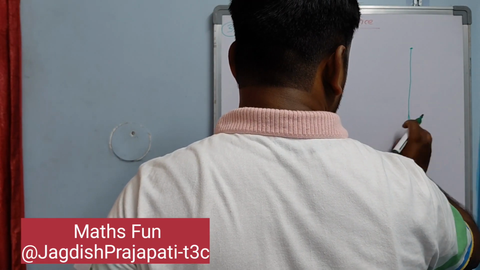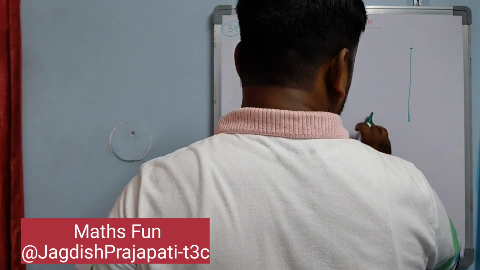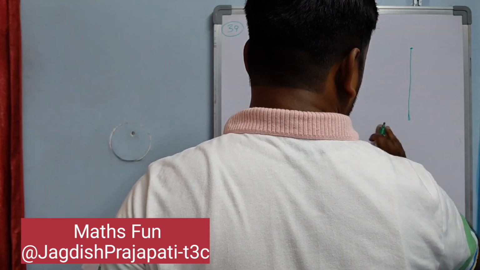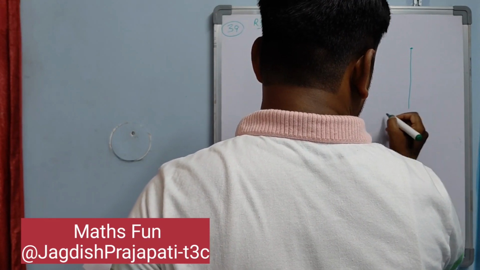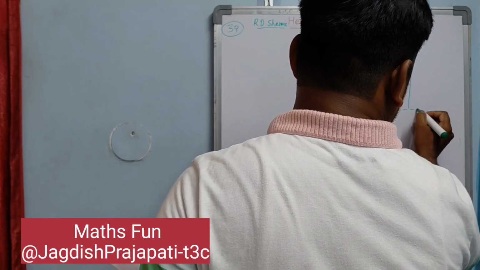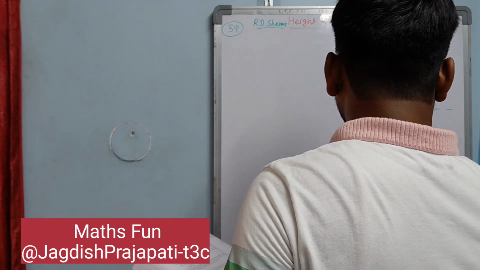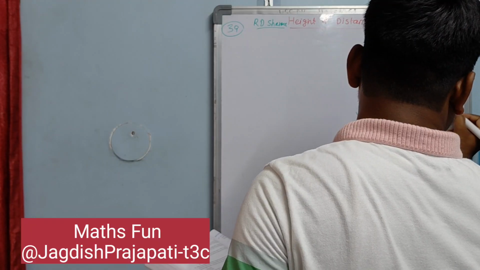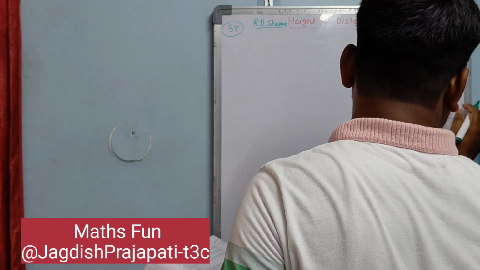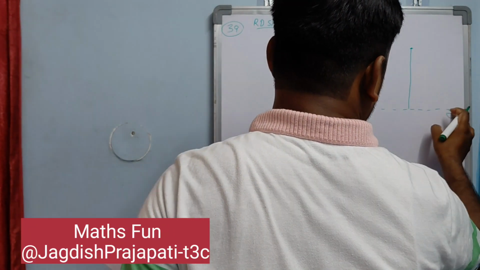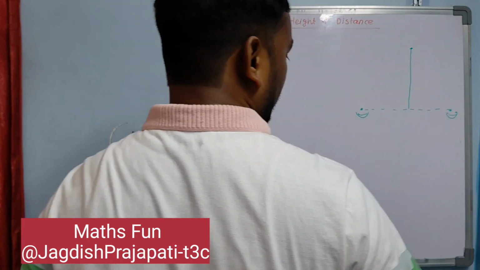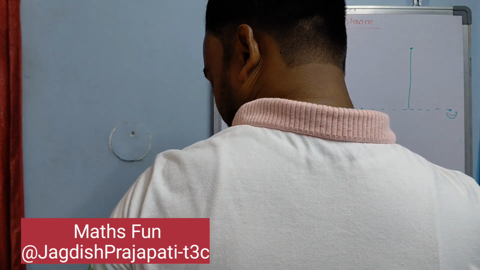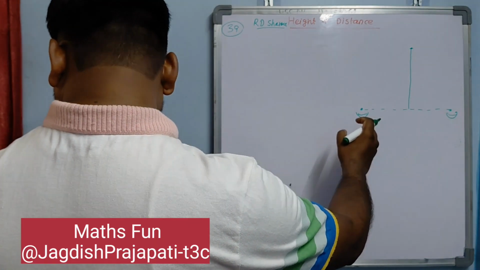On the opposite side means if one is in this direction, then the other will be in this direction. So here there is a ship and here another ship is there. Just for knowing, this is the ship position.